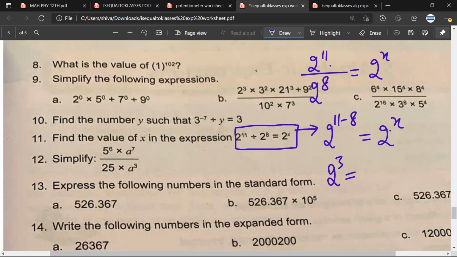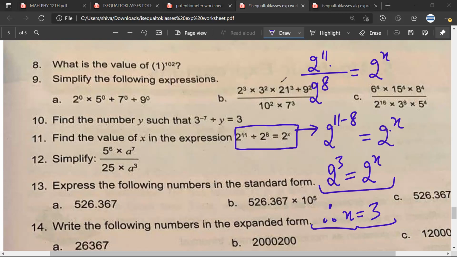So what should be the answer? So x equals 3. Mr. Sarthak, do we agree? Mr. Satya, do we agree? Yes, sir.